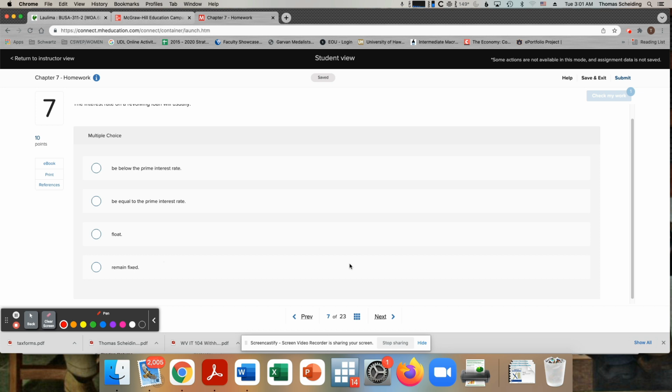Is it below the prime interest rate? No. The whole point of a revolving loan is that typically it's unsecured, so you wouldn't see it be below the prime interest rate, which is basically the interest rate that the most creditworthy of companies receive.